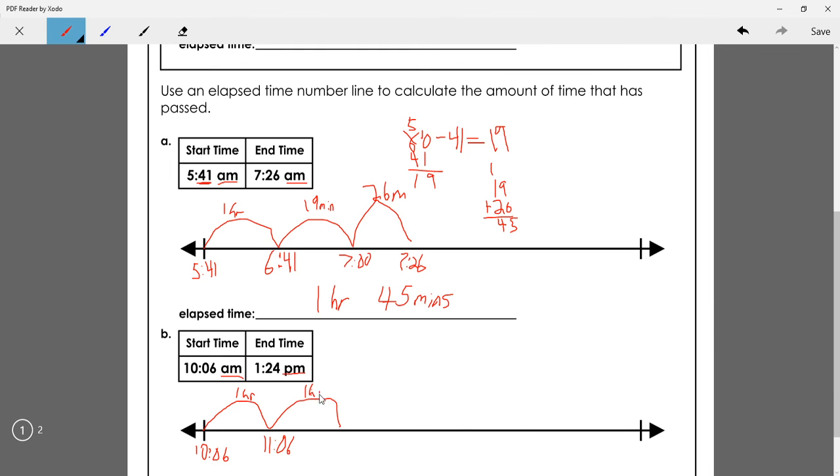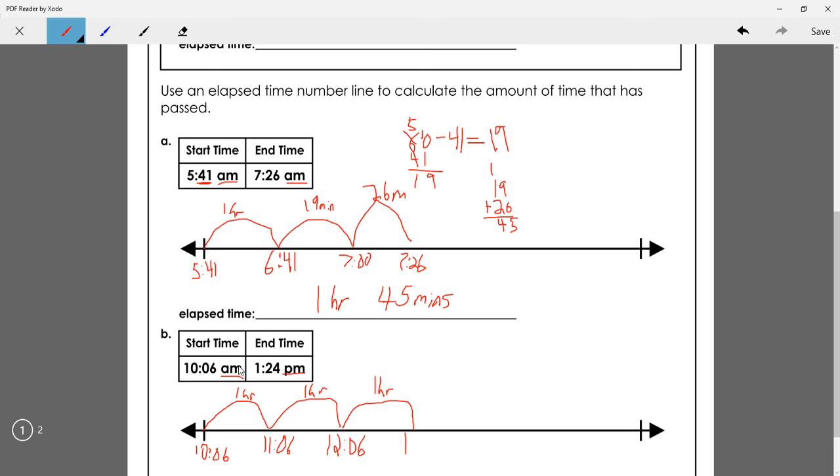1 hour, 12:06. And then obviously there's no 13:06, right? So is there a 13:06? Obviously not. After 12 o'clock, it switches to 1.